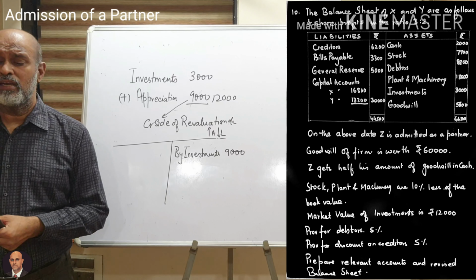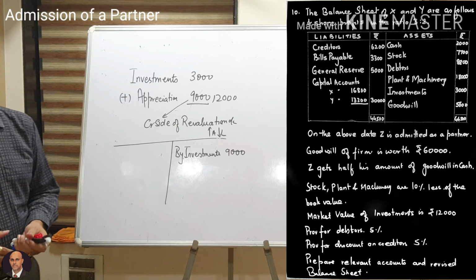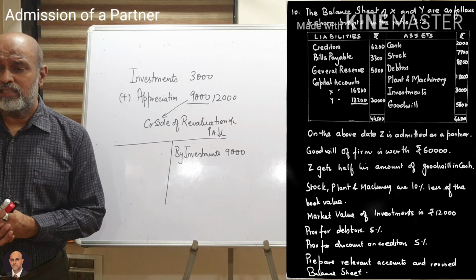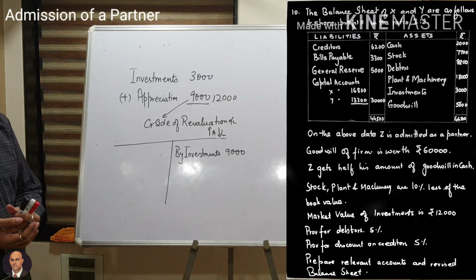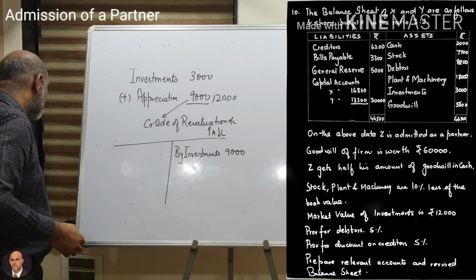After which we shall discuss the provision for debtors and the provision for discount on creditors. Both are 5% each.